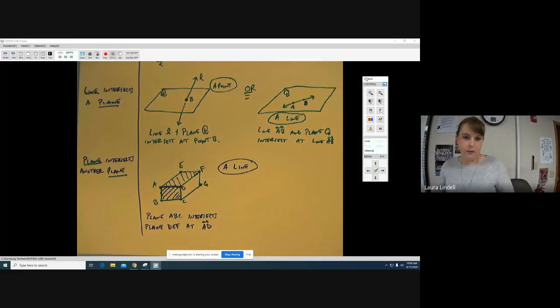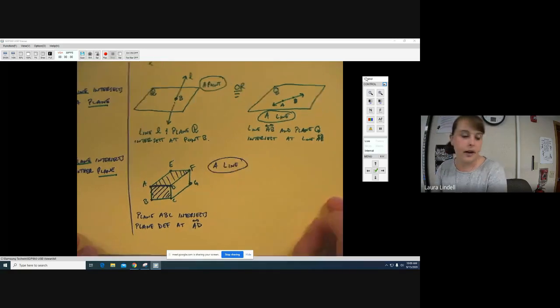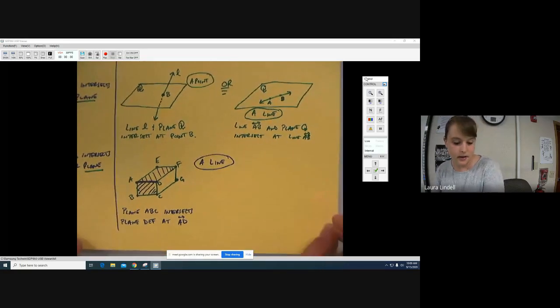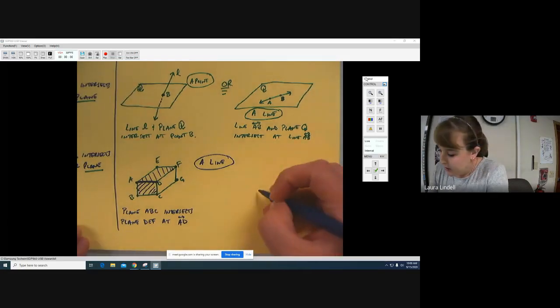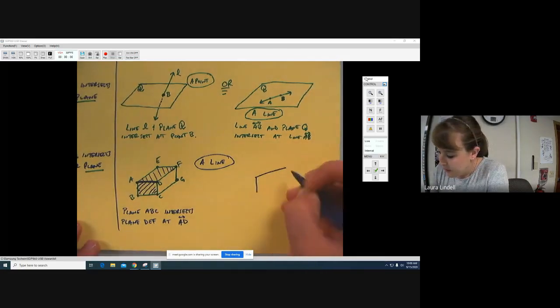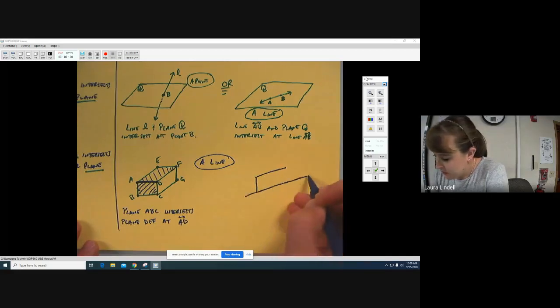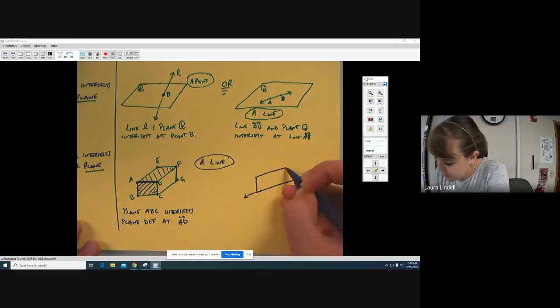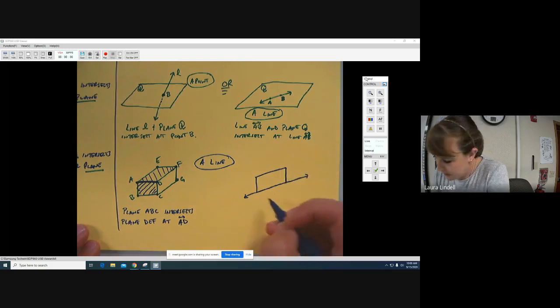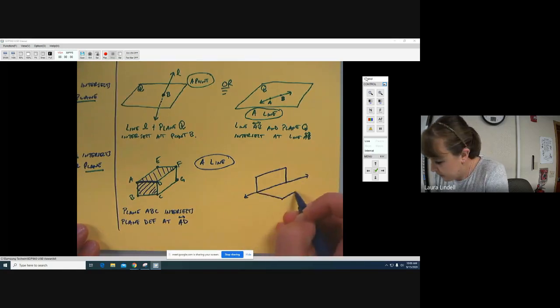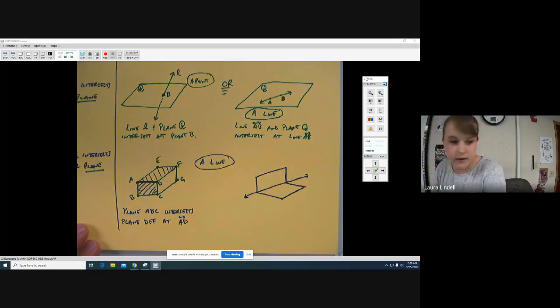Okay. I will show you one other common way that this sort of a picture is drawn, two planes intersecting, just so we see the other kind of common occurrence of this. The other way that we might see this is, this one's a little bit interesting to draw, but we've got something like that.